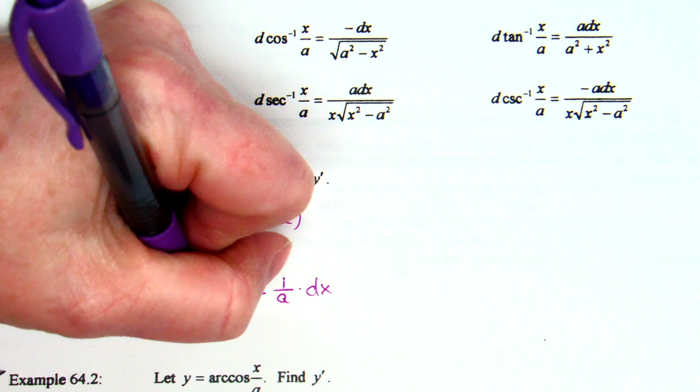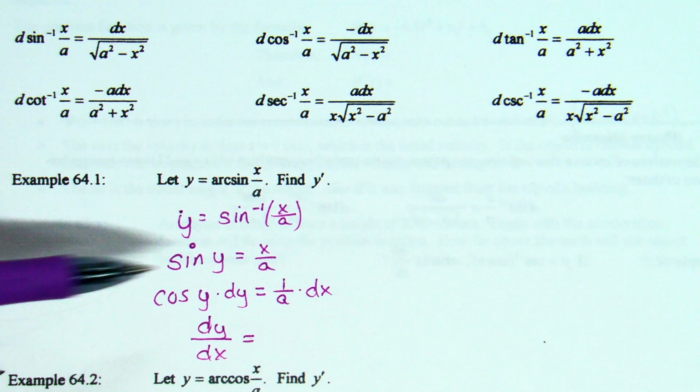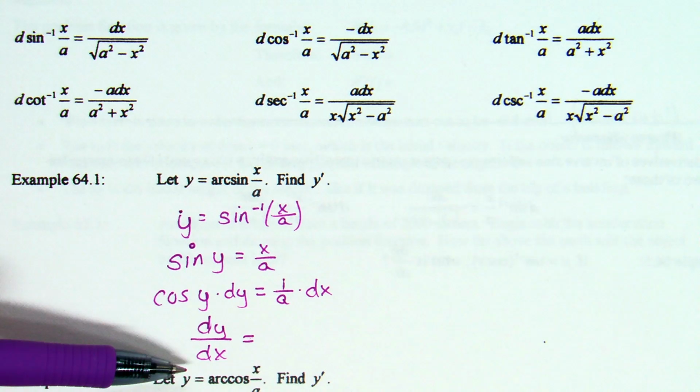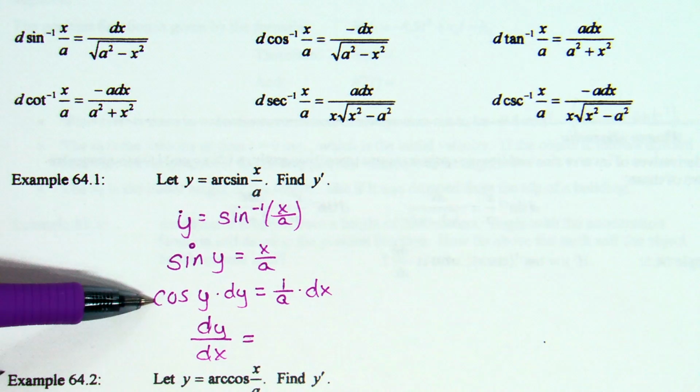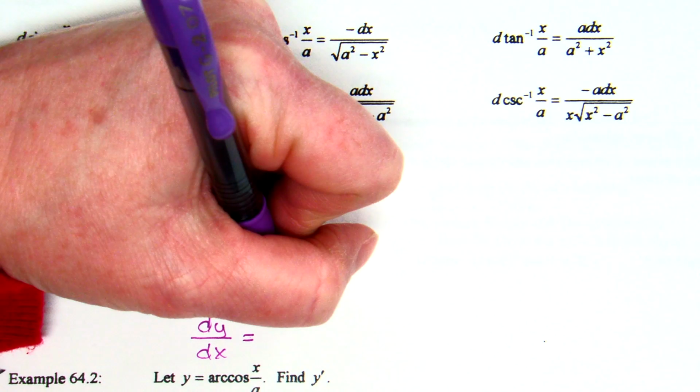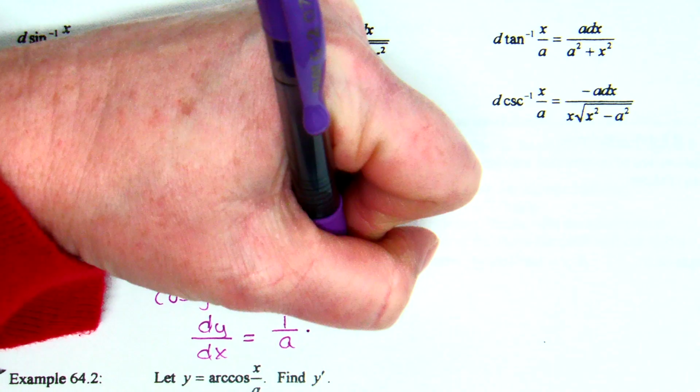We keep the dy, divide by the dx, and then what else has to happen? To get the cosine y over, we're going to have to divide it over. So I'm going to write it as, there's already a 1 over a, right? And then a 1 over cosine y.